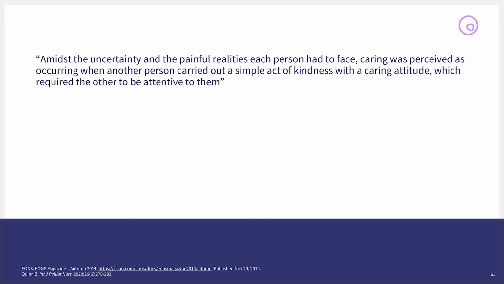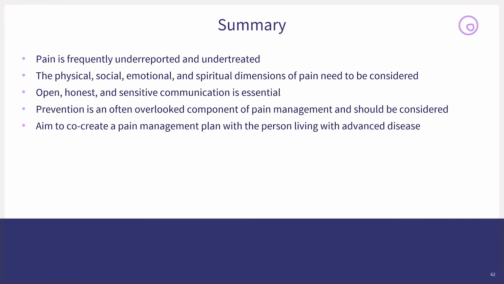When another person carried out a simple act of kindness. We don't need to go to college to learn this stuff. We know it, we've got it. So one is a simple act of kindness, two is a caring attitude, and three is somebody simply paying attention to them. So we can do it.